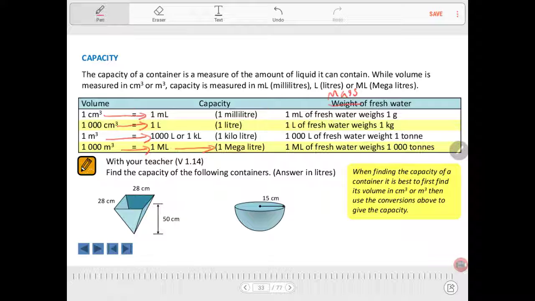I'll leave you to think about why that is and discuss it with me later if you like. Anyway, the mass of water converts directly as well with these capacities.